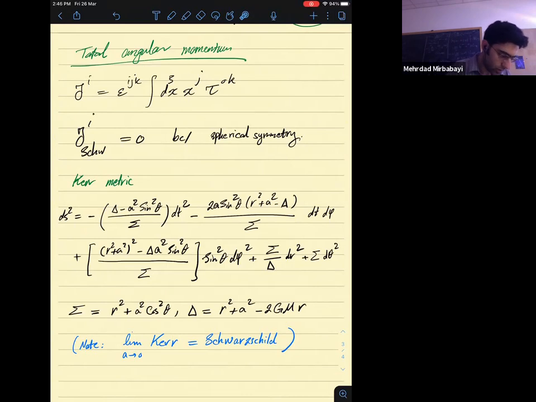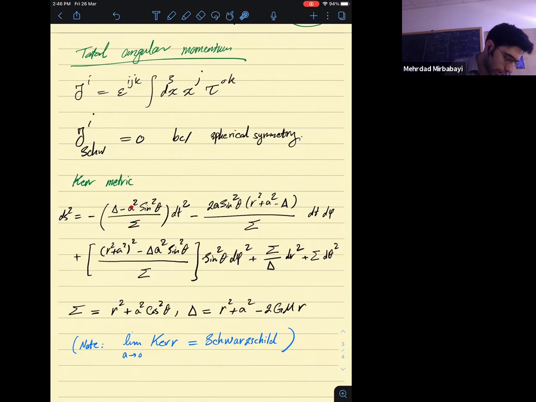So let us just go over some of the properties of the Kerr metric. Again, the coordinates used here have the same names, maybe not exactly the same meaning, as the coordinates used for the Schwarzschild spacetime.